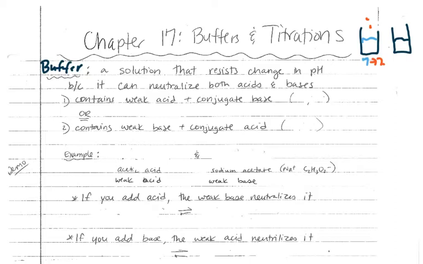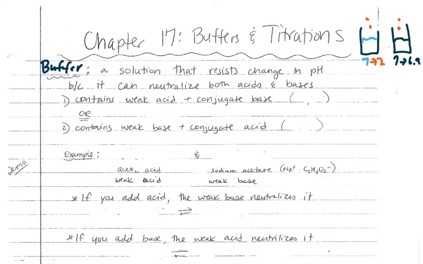That pH will drop precipitously when you add acid. But if you add that same acid to this buffer, and let's say the buffer is also a pH of 7, you add those couple of drops of acid, and the buffer has a pH of 6.9. So its pH does not change. It resists change in pH when you add acid. Same thing if you add a base.